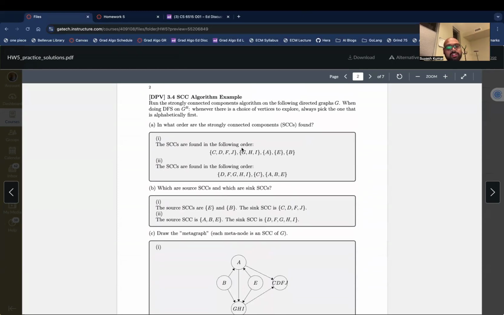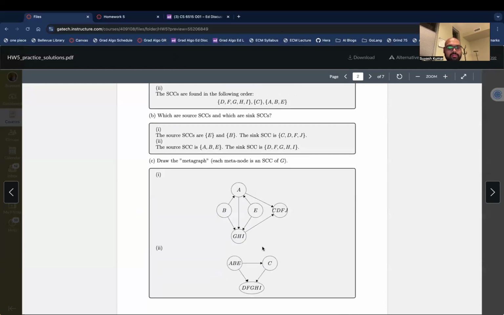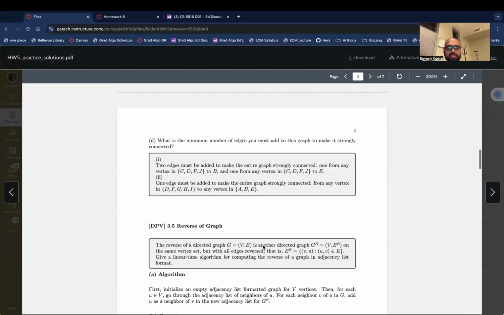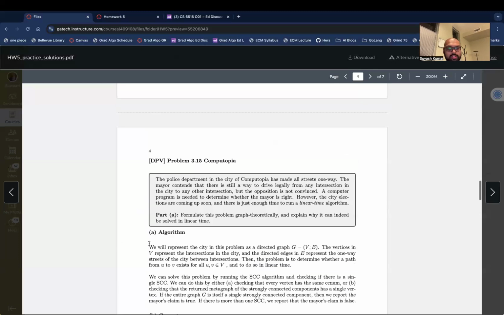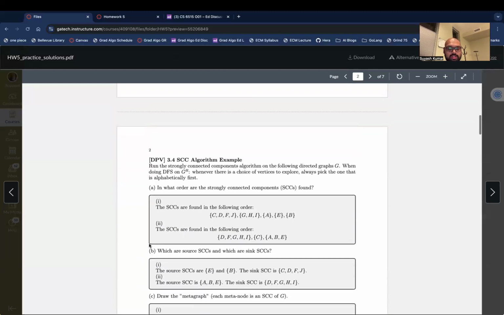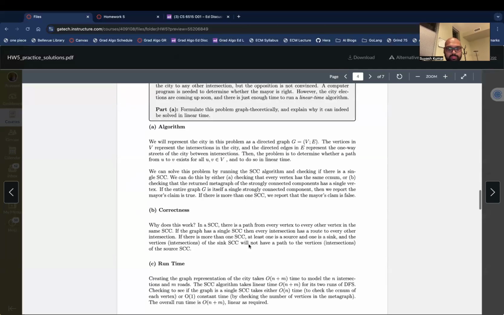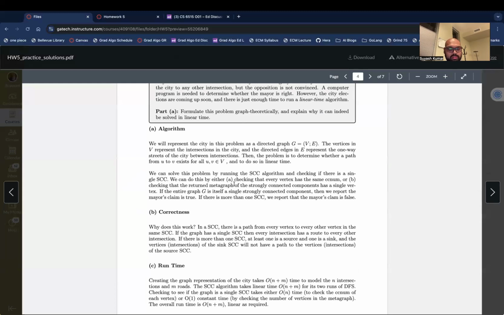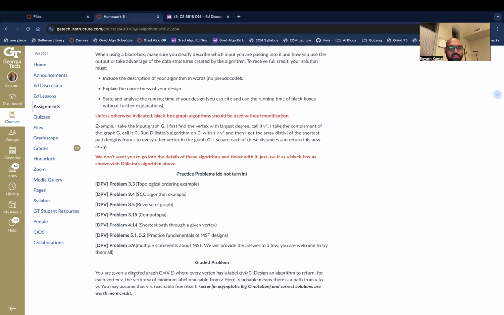So basically SCC returns which order they are found. So basically, okay, cool. Okay, which are source, sink, and metagraph. So we can do this by checking that every vertex has the same CC num. Okay, cool, fine. So what's the actual problem?